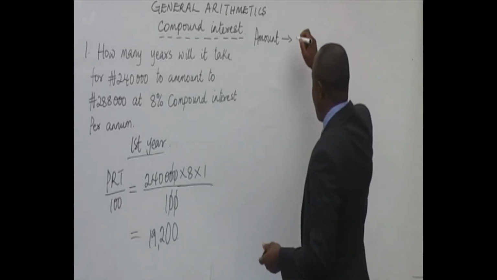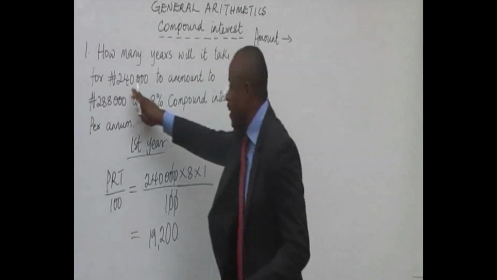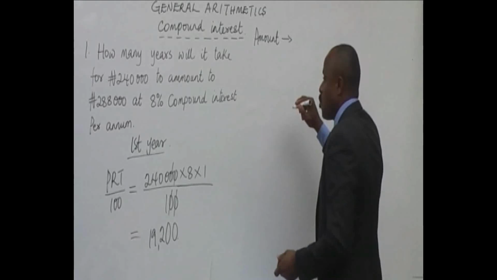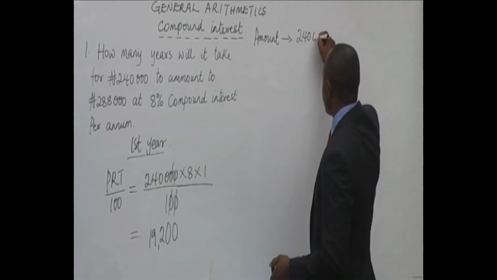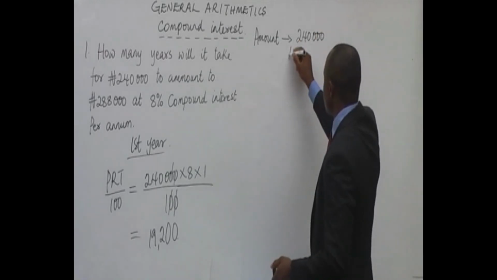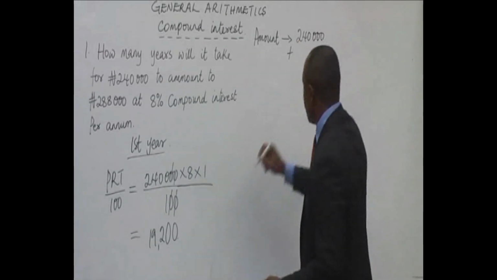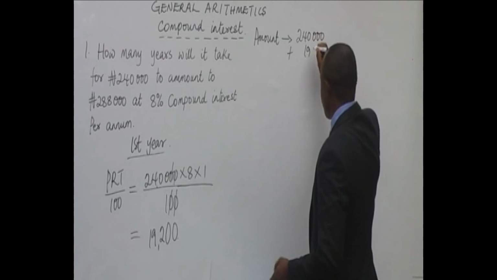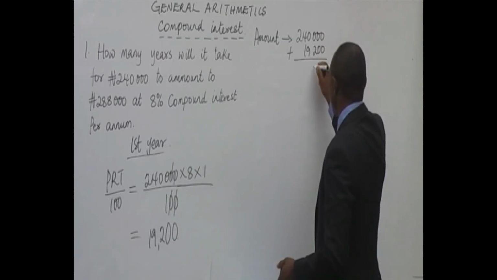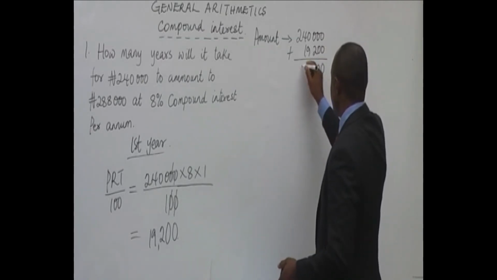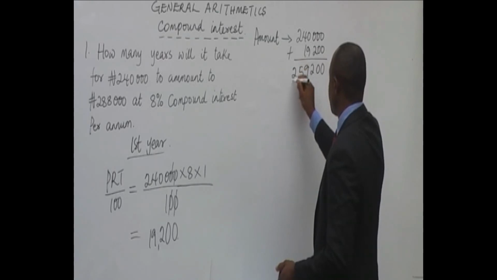So our amount is going to be this principal, 240,000, plus that interest for the first year, 19,200. Simple arithmetic: you have 259,200.